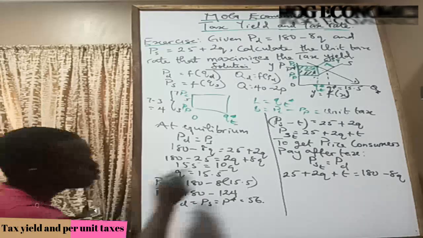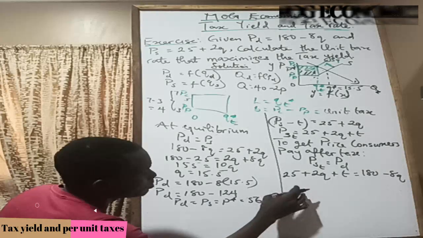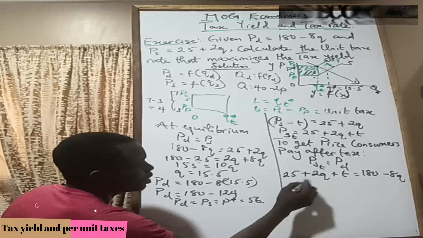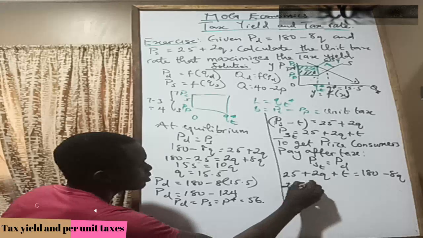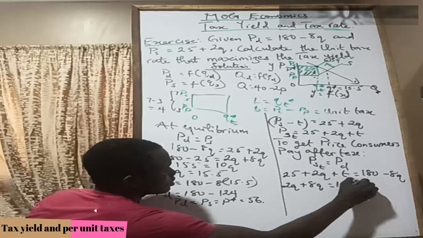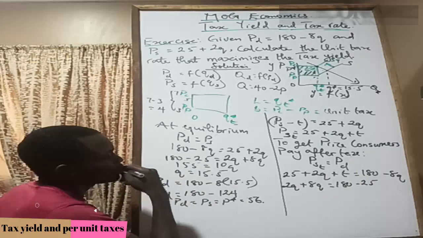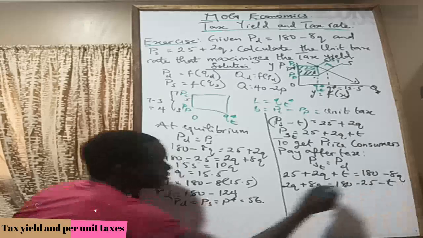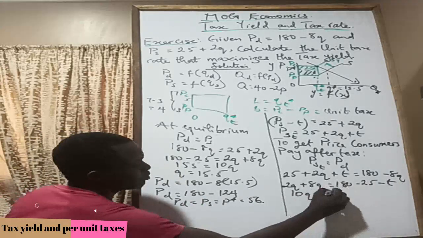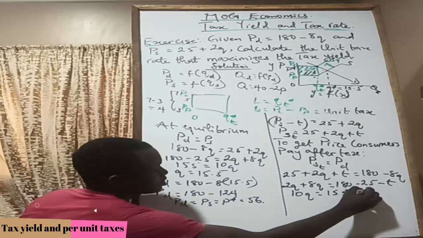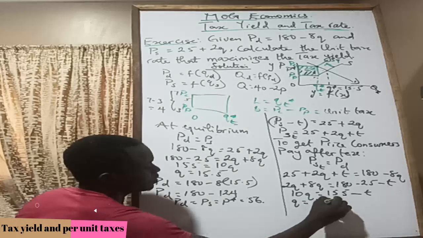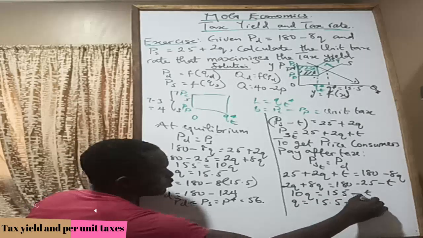So 2Q plus 8Q equals 180 minus 25, then minus T. So 10Q equals 180 minus 25, that's 155 minus T. So Q equals 15.5 minus 0.1T.